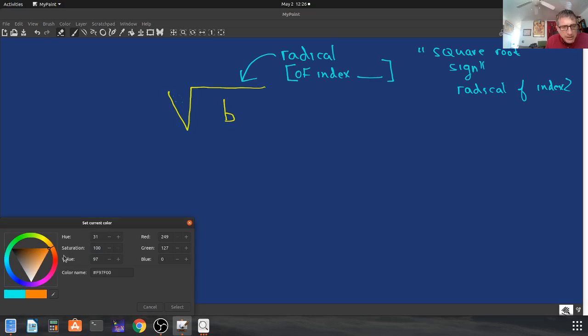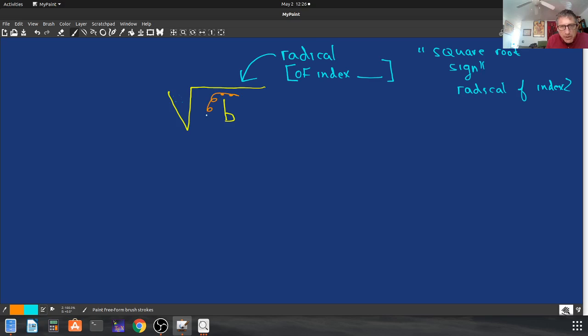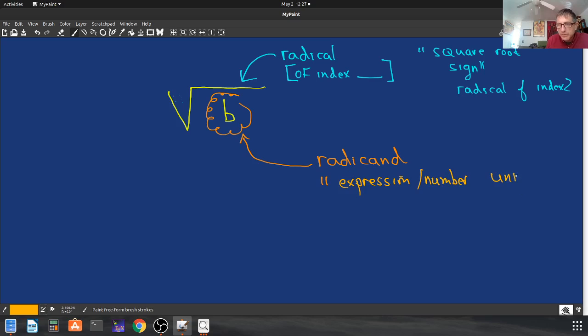And here, the number, this here, is called the radicand. I really don't like that name. I'm going to rather use what most people use, the expression or number, as it may be, under the radical.